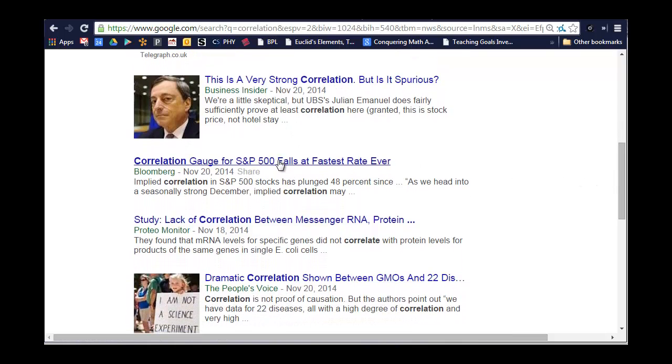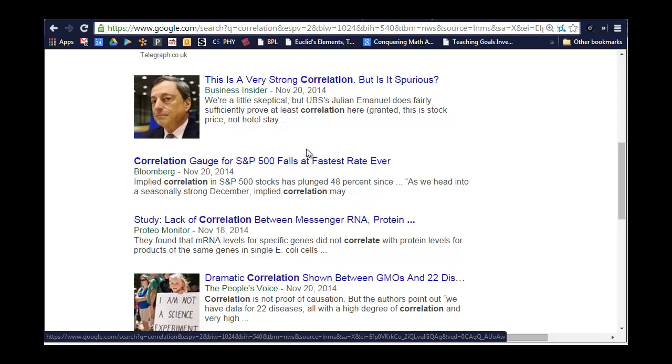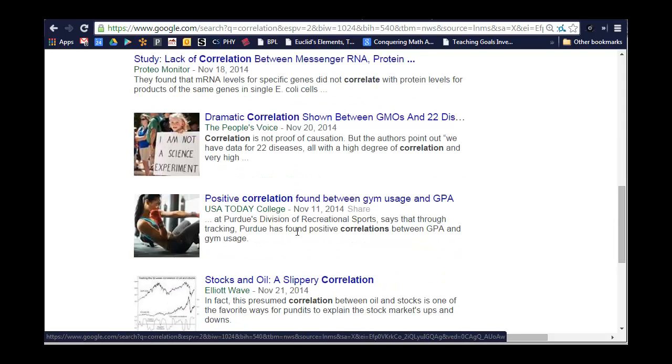There's a few articles in here about the S&P 500 and stock prices. Here's an article about correlation between GPA and gym usage. This is looking at a correlation between different diseases and GMO foods. So we would have to investigate these topics more, but this is suggesting some sort of link between two different data types.